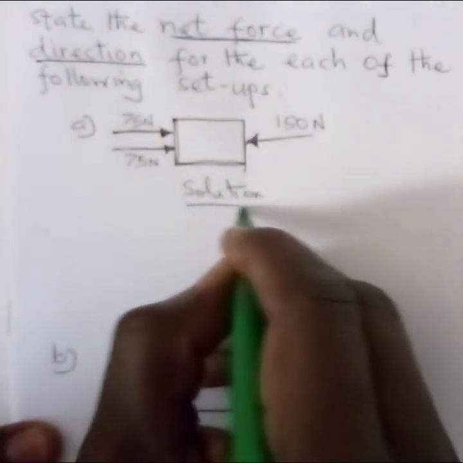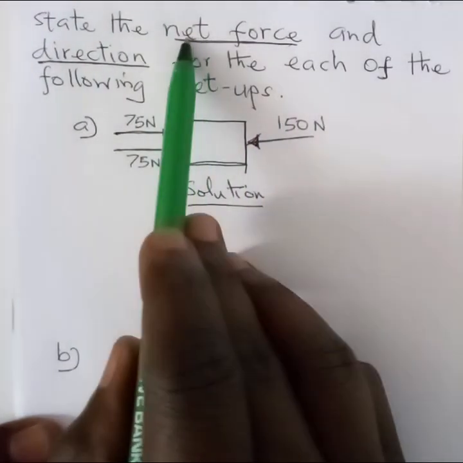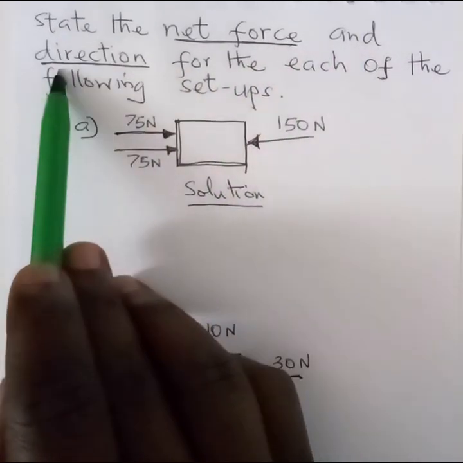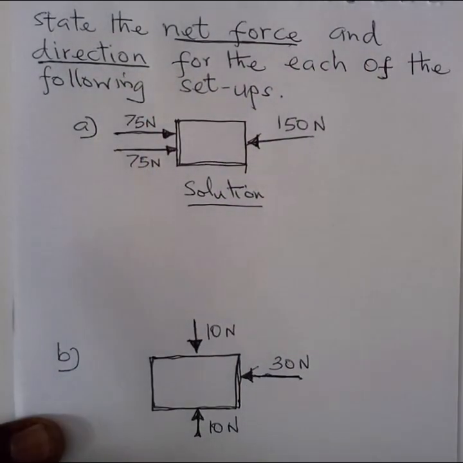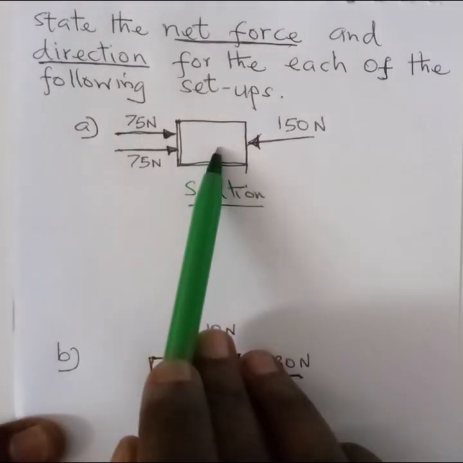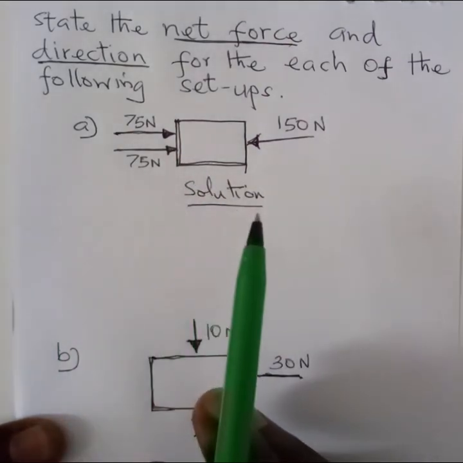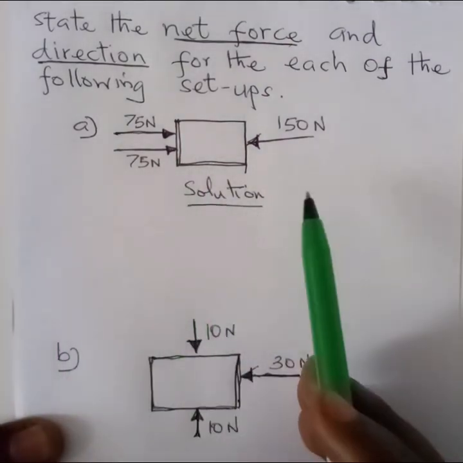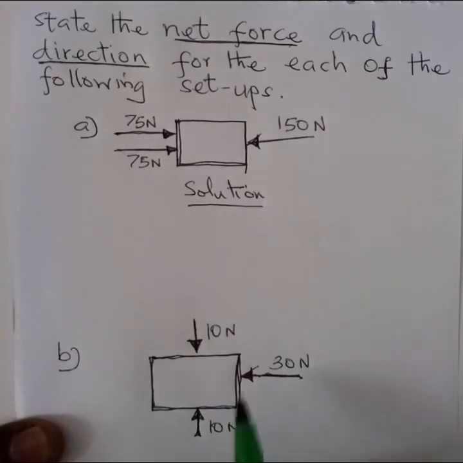So for you to work this out, let's have the solution. Remember, what are we finding? The net force and the direction. So we want to find the net force and to which direction the object will move when the resultant force is acting on it.